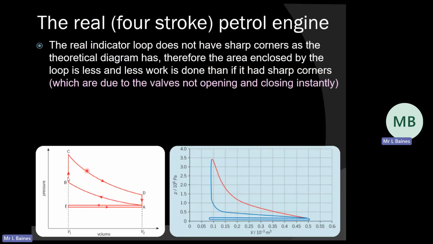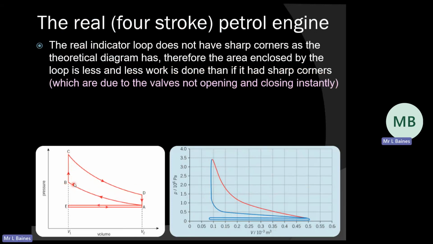We've got a theoretical diagram here, and then we've got a real measured indicator diagram, and we call this an indicator loop because of the enclosed space, the closed loop in there. We see that less and less work is done because we've got a smaller area enclosed than we do in our theoretical loop.